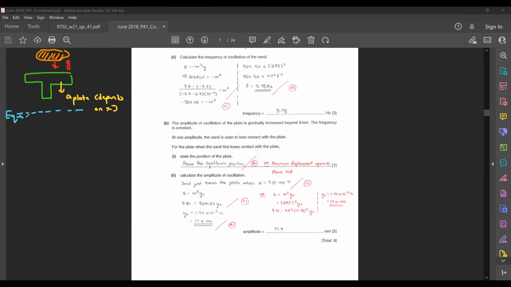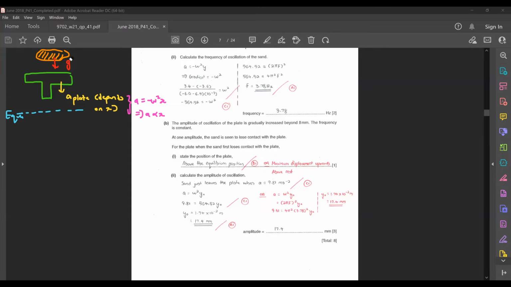So at this point here, once my plate is on top of the equilibrium position, my acceleration of the plate ought to be towards the equilibrium position, and it depends on x, because A is equal to negative omega square x. From here, you can see that A is directly proportional to x. The further away I go from the equilibrium position, the bigger my acceleration.